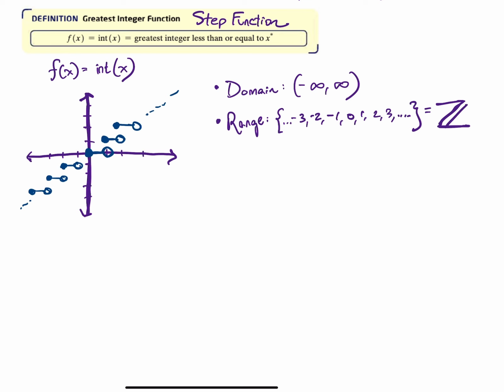If we were to flip it over the y-axis and then over the x-axis, notice it's going to change. We would end up with the opposite version where the right side would be filled in and then the left side would be open. So it doesn't hit that kind of symmetry. So I'll have to say neither even nor odd.